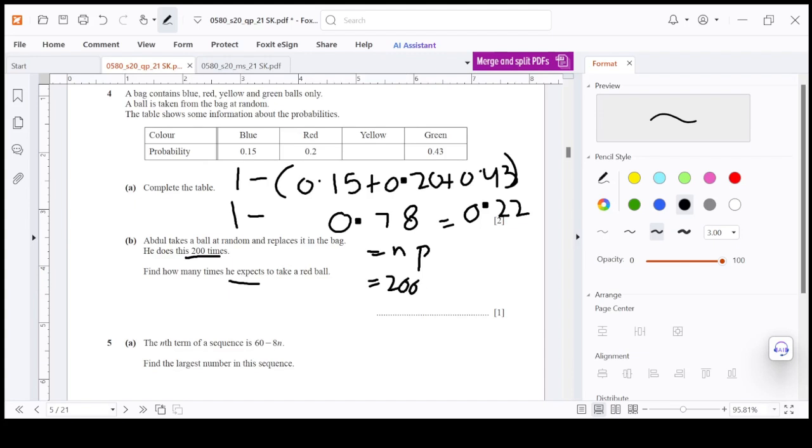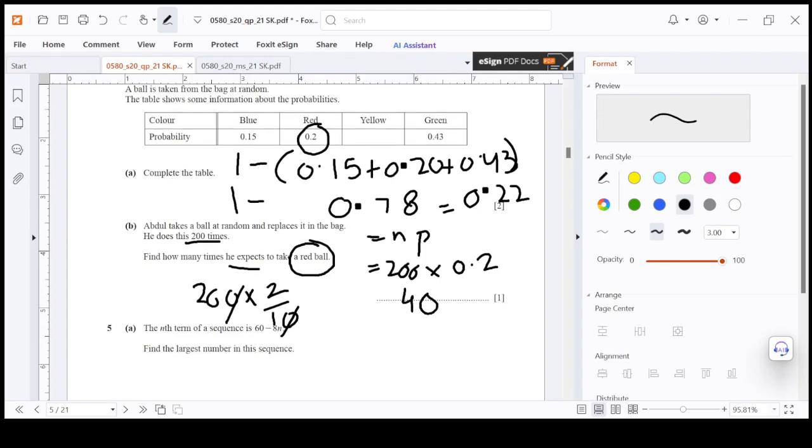So what's the probability of getting a red ball? It was 0.2. So this becomes 200 times 2 by 10, which is 40.